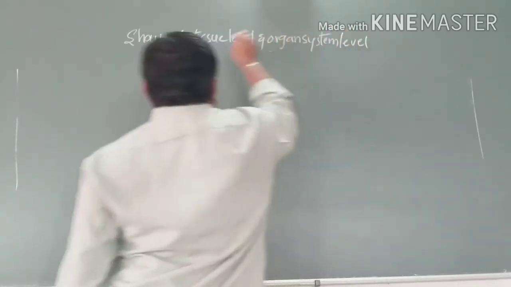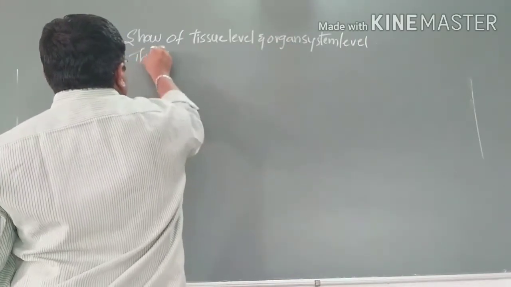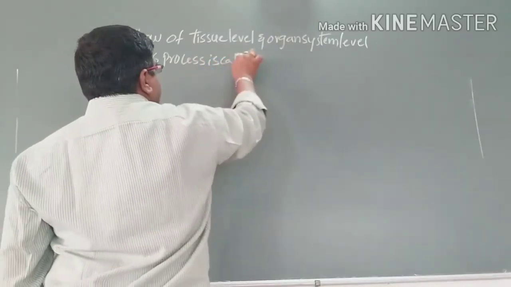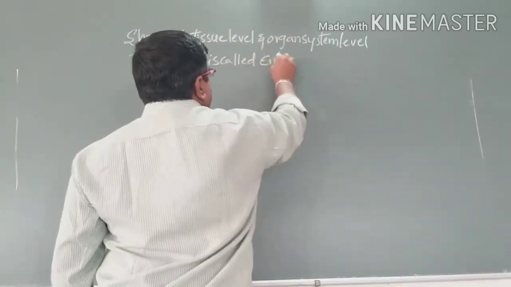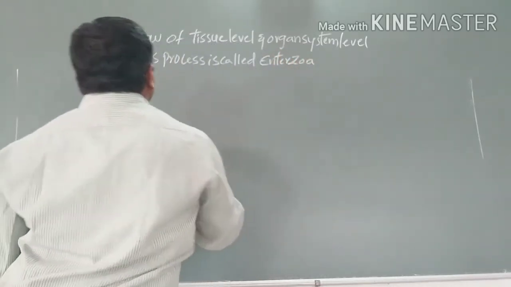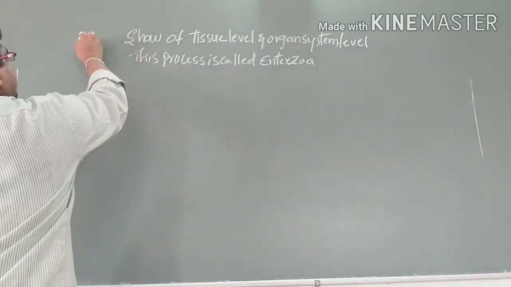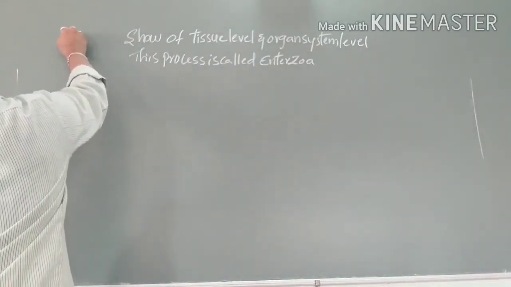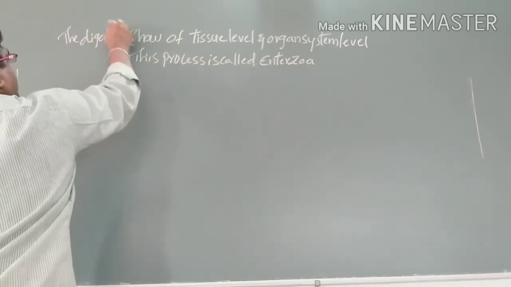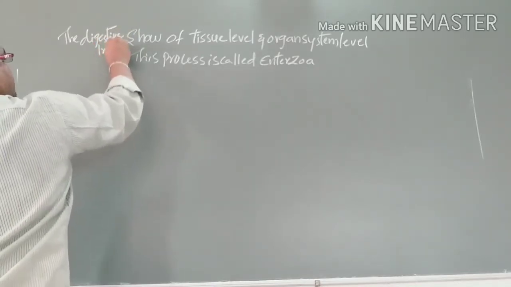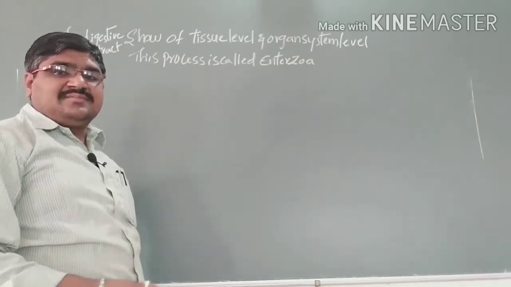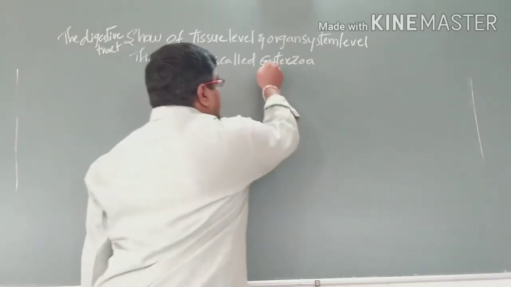This is called enterozoan or enterozoa. That means here the digestive tract shows tissue level as well as organ system level of organization. So we can call them enterozoans.